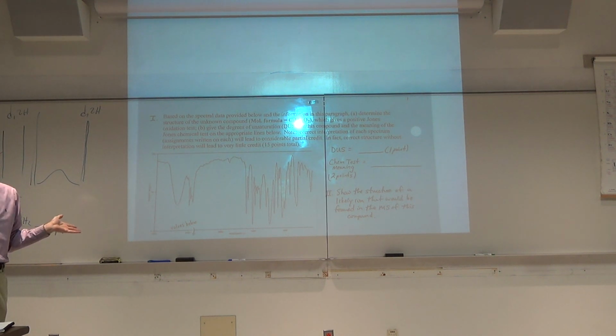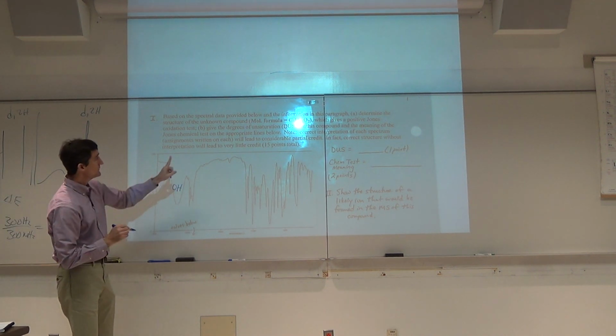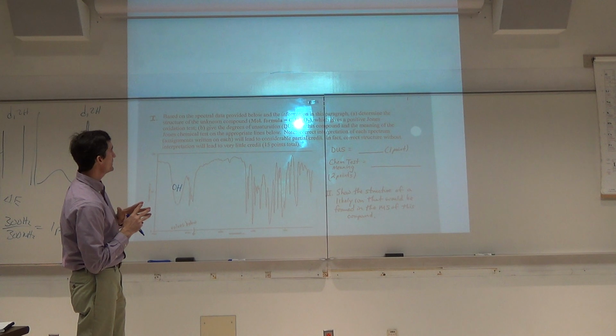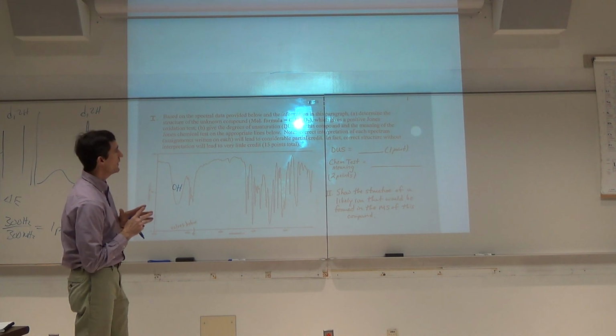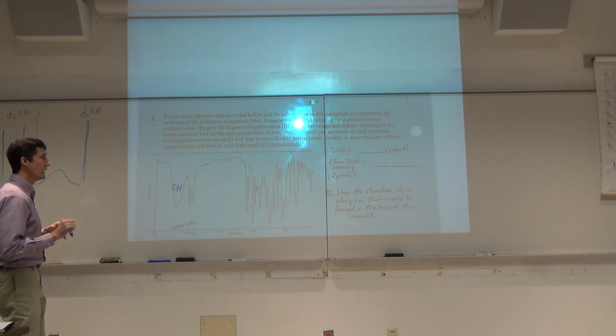First off, is this an alcohol? Yeah. I could have a broad OH. Now what does it say? What are the directions here? Correct interpretation of each spectrum will lead to considerable partial credit. These usually say different things. In the end, you'll see the ones in the workbook, you need to interpret every spectrum.